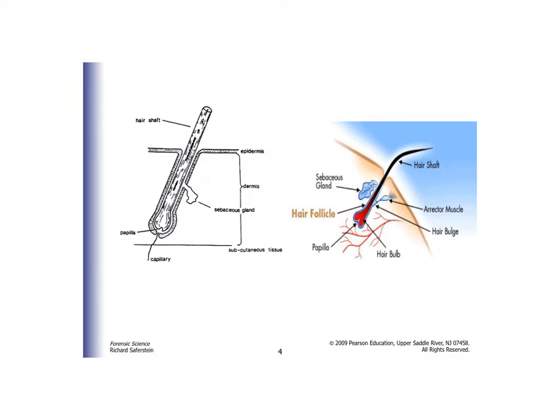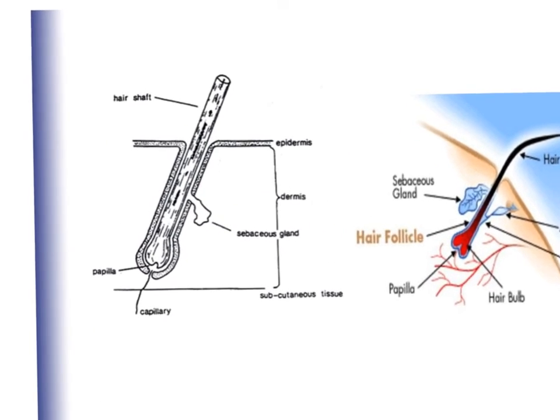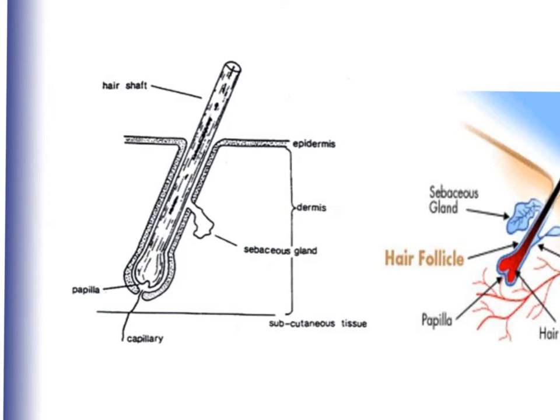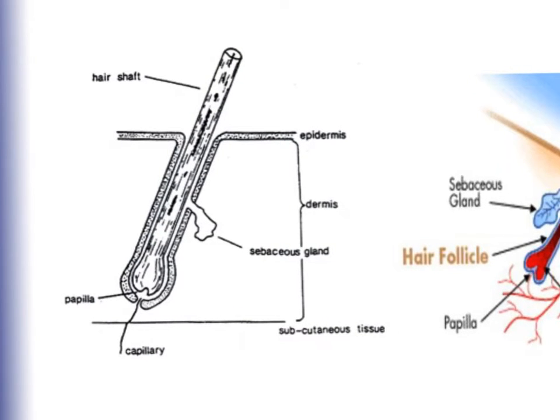Okay, so I'm going to blow this up. I do want you to know the parts of the hair. If you remember when we talked about the skin, there was the epidermis and the dermal papillary. Well, that's similar here.